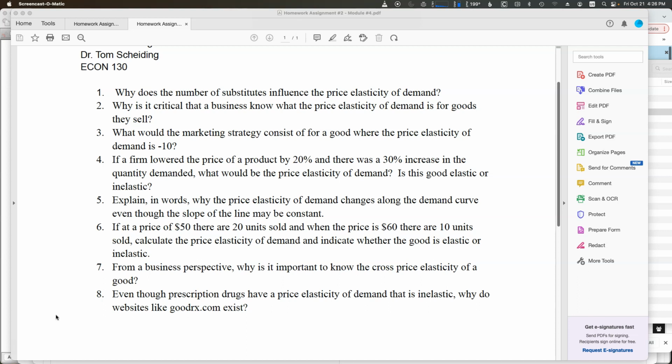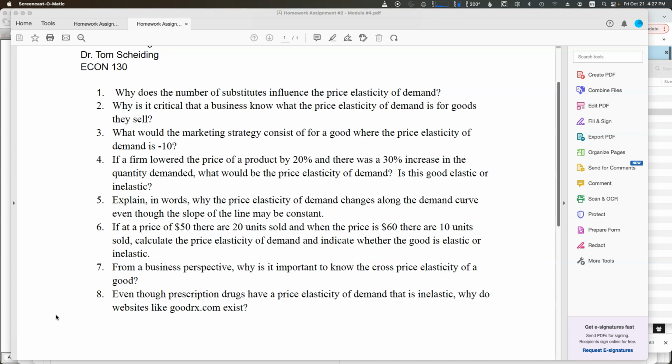It allows us to know whether lowering the price could allow me to capture more customers, or whether, in some sense, price has almost no influence on what people are buying, and whether I need to design a different kind of marketing strategy. So, to own a business, you need to know what the elasticity of demand is for the good that you're selling. Otherwise, I don't know how you would try to drive more business to your things.